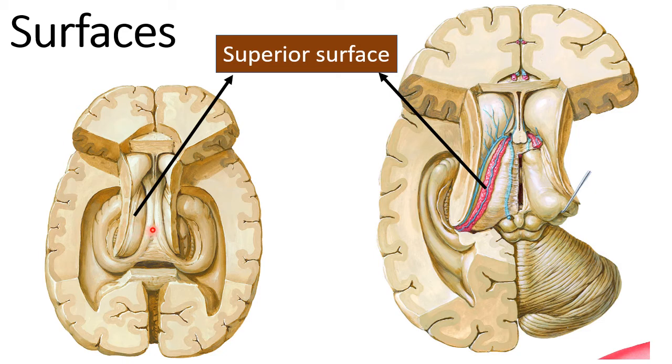The lateral area forms the floor of the central part of the lateral ventricle, and it is covered by the ependyma and overlapped by the choroid plexus. Here you can identify the choroid plexus.